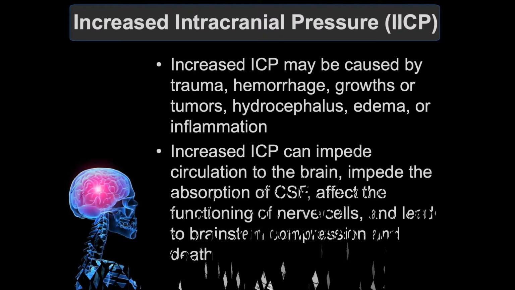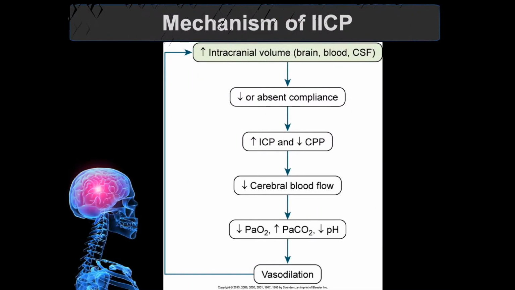A quick review of the mechanisms of increased intracranial pressure starts with the increase of intracranial volume from either brain, blood, or CSF, or a combination of those, a decreased or absent compliance, resulting in increasing intracranial pressure and decreasing cerebral perfusion pressure, resulting in a decreased cerebral blood flow, which decreases PaO2, increases PaCO2, and decreases pH. These three lead to vasodilation, which causes increased intracranial volume, repeating the cycle over and over.